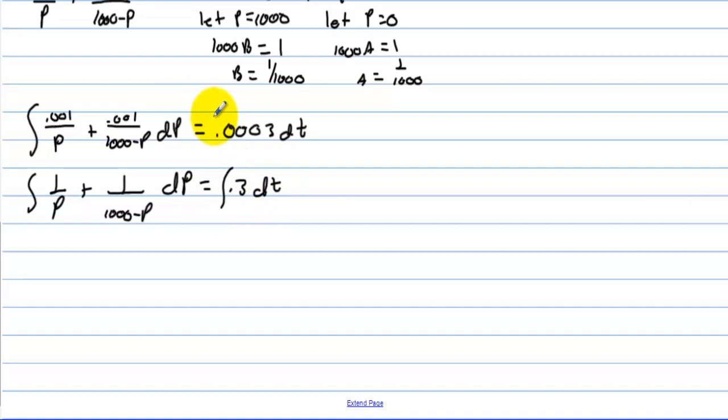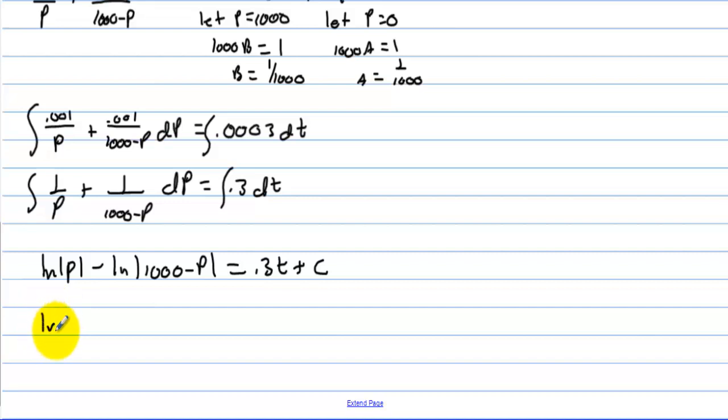And we're integrating both sides. The antiderivative is the natural log of the absolute value of P minus natural log of the absolute value of 1,000 minus P, and that's equal to 0.3t plus C. Now, I have the advantage of knowing where we're going with this, and we actually want to multiply both sides by -1.